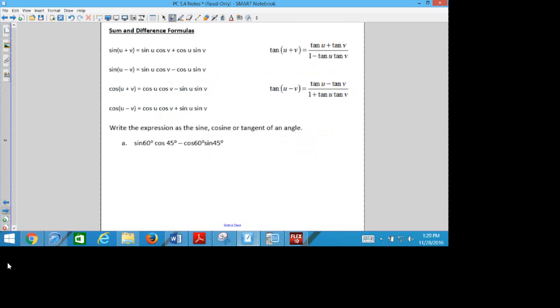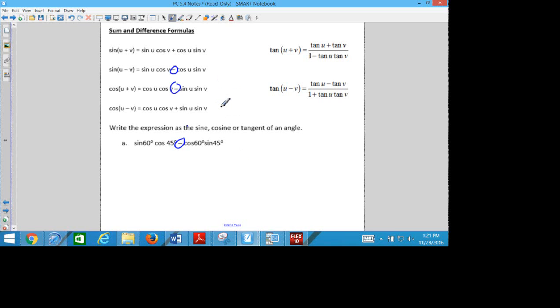Okay, this next page is just saying when you look at sine 60 cosine 45 minus cosine 60 sine 45, which formula were they using? Which formula is that equivalent to? So you might have to flip back, or you can see mine. Here it's subtraction. So I know it's one of these two.